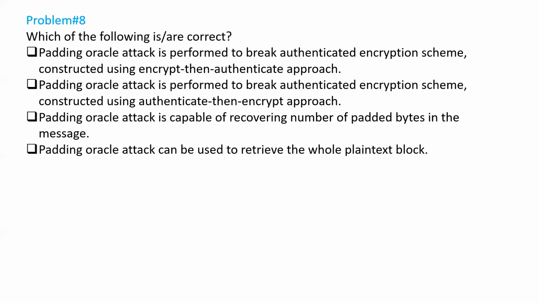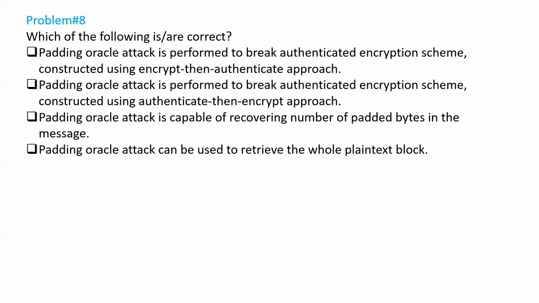And you can exploit this fact when you get the bad padding error. Starting from the very first byte of C1, you change the first byte of C1 first and check whether you are getting a bad padding error for the last block M2, and use this information to get the number of total padded bytes in the last block.